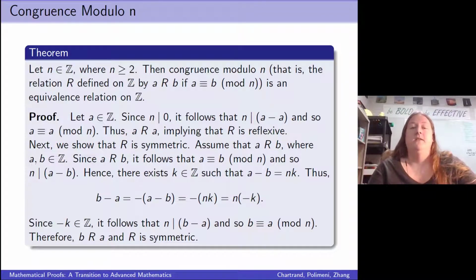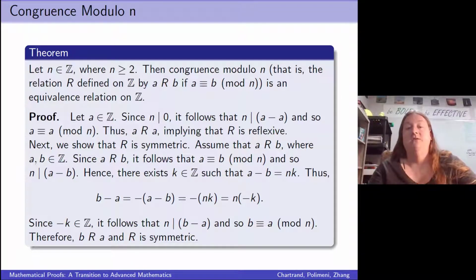So let's take a look at a theorem. Let n be an integer where n is greater than or equal to 2. Then congruence modulo n, that is, the relation defined on the integers by a is related to b if a is congruent to b mod n, is an equivalence relation on Z. So we can show this is an equivalence relation.